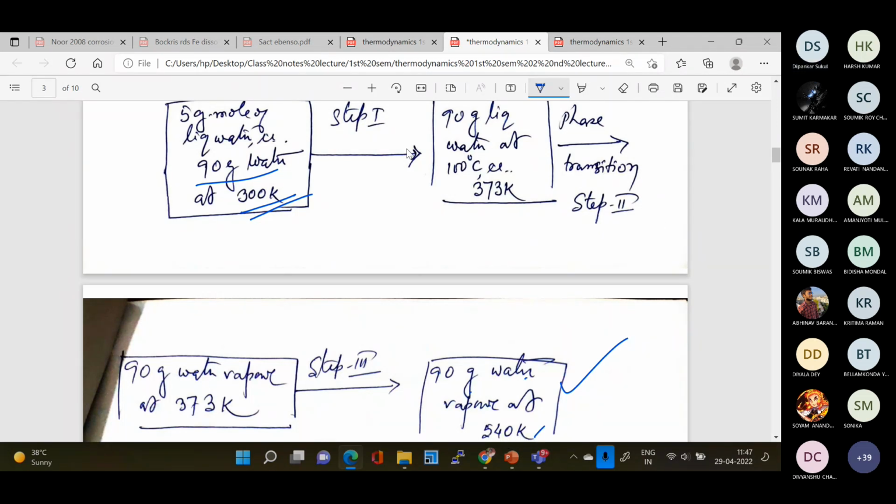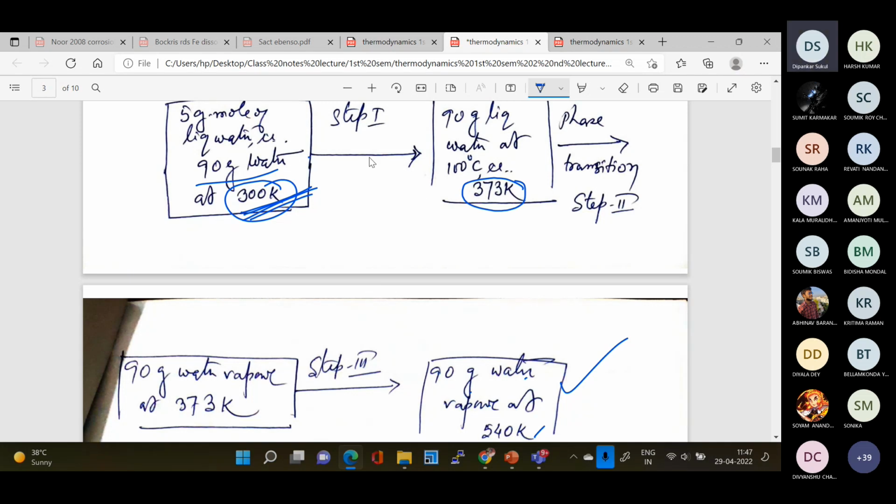So obviously, from 300 Kelvin, that is 27 degrees centigrade, everything is under 1 atmosphere pressure. If pressure is 1 atmosphere, then at what temperature will water evaporate? At 100 degrees centigrade, that is 373 Kelvin.